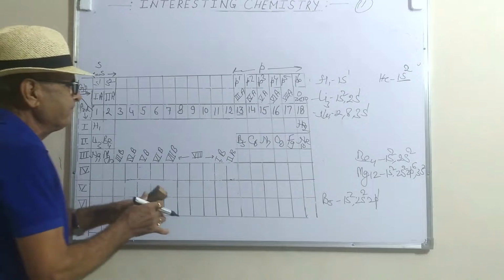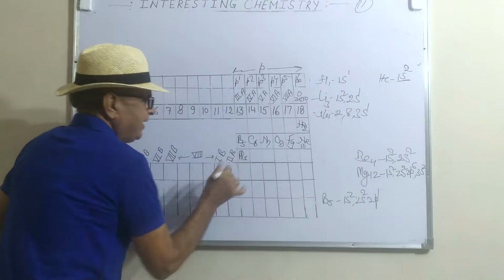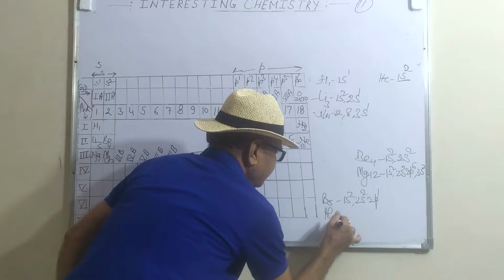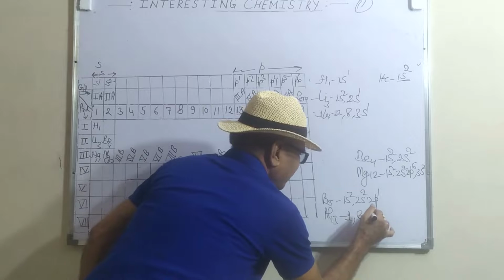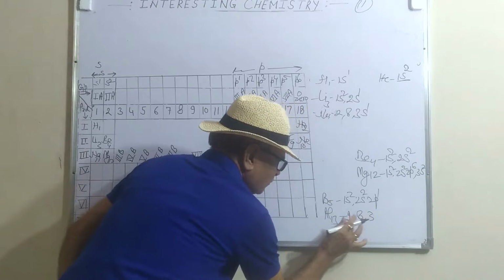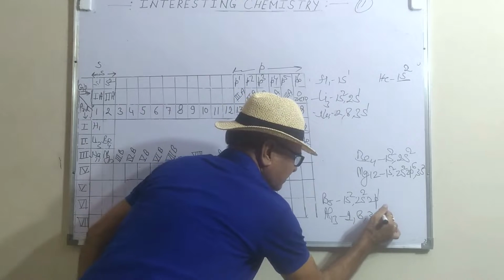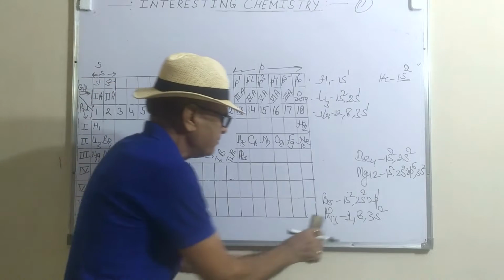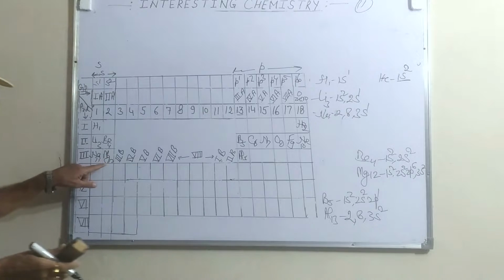Now come to 13, aluminium, the same as boron's group. 13 number: 1s2, 2, 8, and this one is the first shell, second shell, third shell, so I will write here 3s2 for magnesium. This is the electronic configuration of magnesium: 2, 8 and 2, 12 electrons.